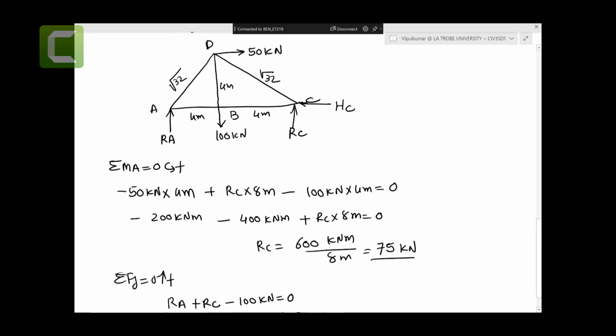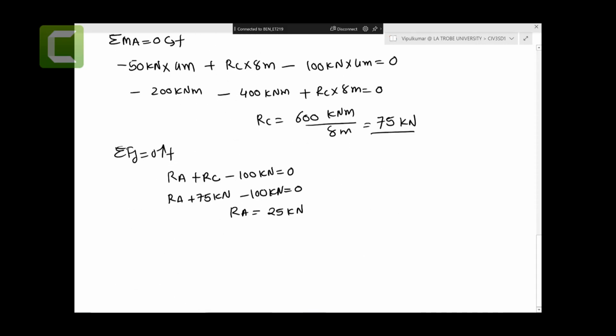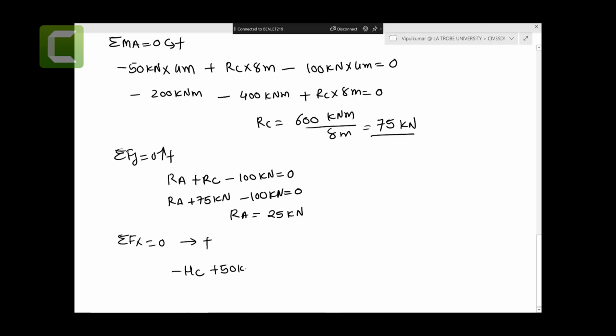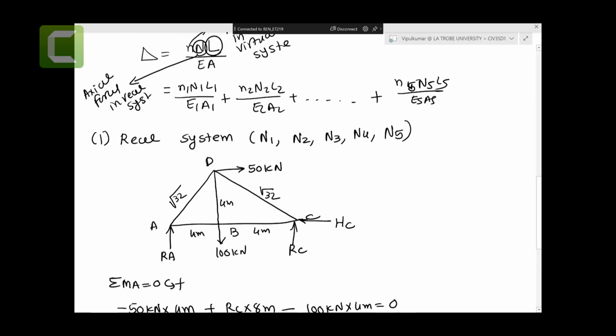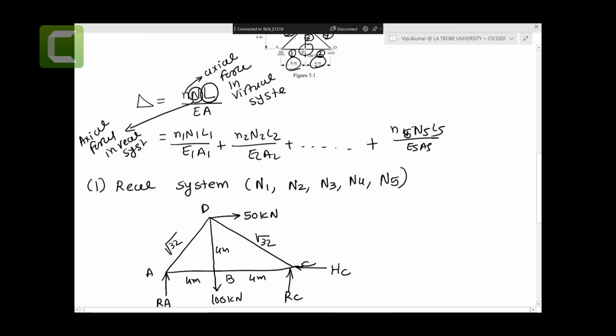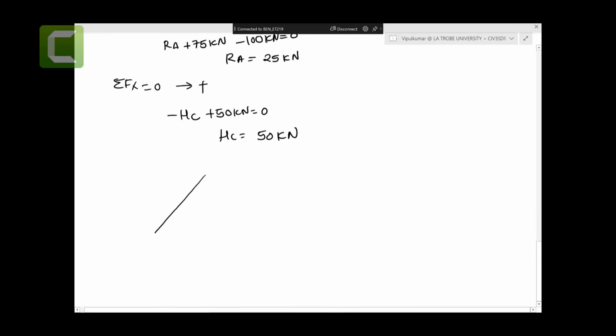Sum of the forces in the x direction equals 0: minus HC plus 50 kilonewtons, so HC equals 50 kilonewtons. So we found all the reaction forces. We are going to keep the numbering the same, 1, 2, 3, 4, 5. So let's redraw this one.